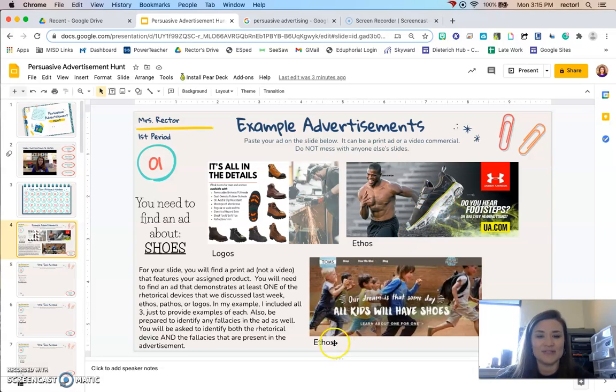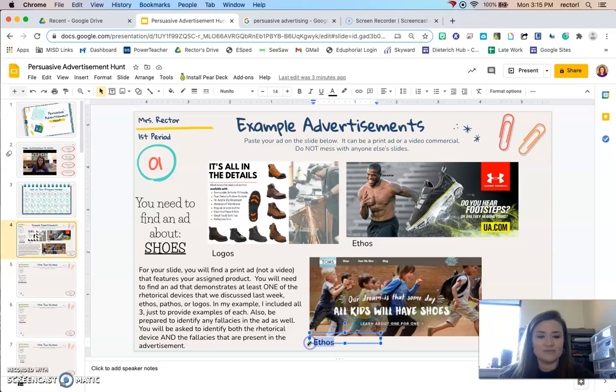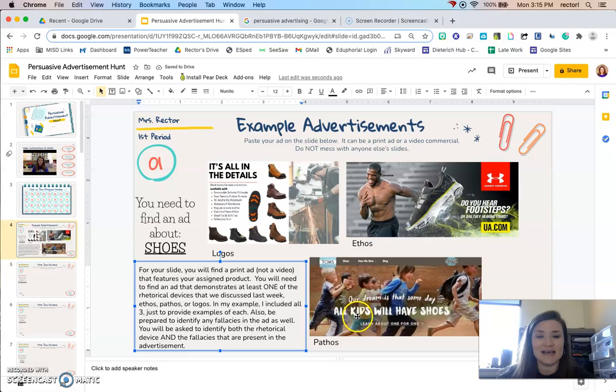So that is ethos. And then the last one, whoops, I need to change that, I included pathos. This is a Tom's advertisement, and we all know that Tom's contribute shoes to people in need, and so that tugs at your emotions. It says, our dream is that someday all kids will have shoes. Oh, yes, I want all kids to have shoes.